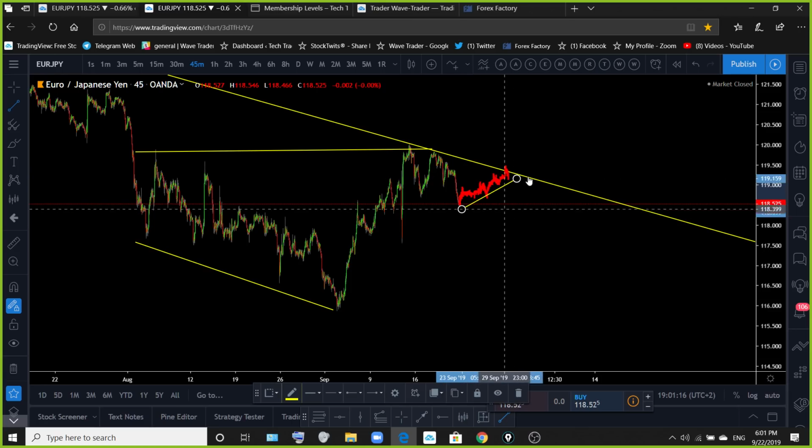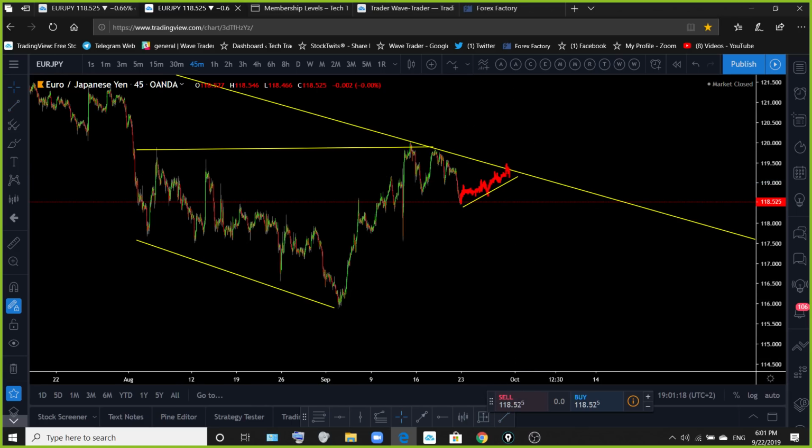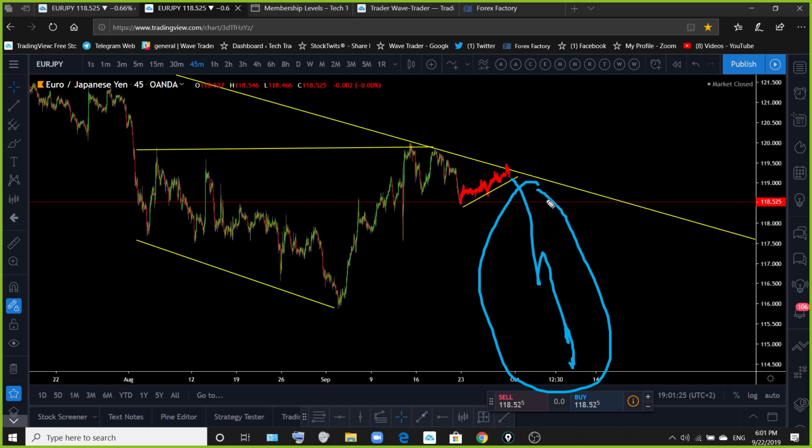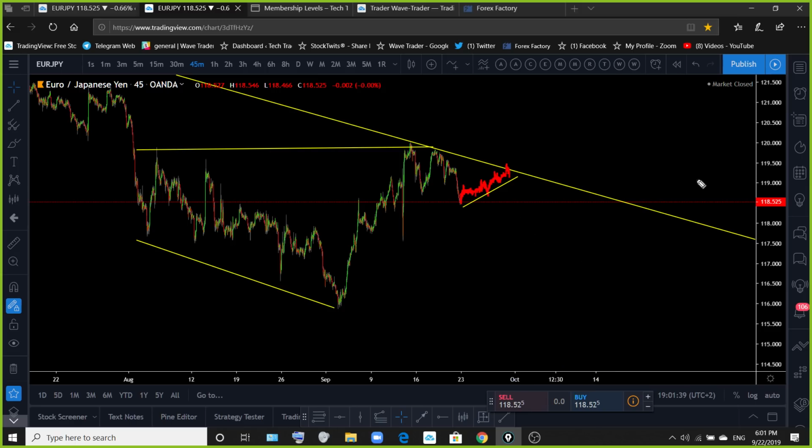If price struggles and corrects that way, then start looking for that one more drop. This is going to be a nice opportunity on the euro yen. This correction forms over there, a nice deeper correction close to this top, and goes down for one more drop. If I make things simple, this is our structure: this ABC move.